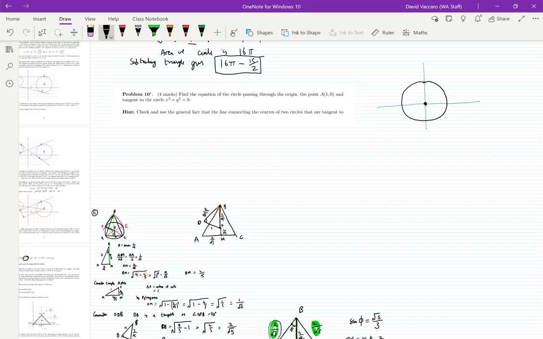And this is the origin. Okay, the circle must be tangent to the circle x squared plus y squared equals 9, so must touch that circle and passes through the origin.